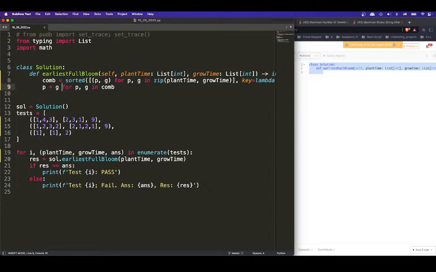So for this, P is 4, G is 3. So it's 1, 2, 3, 4, 5, 6, 7, plus 1. Plus 1, that's the bloom day. And now we're just going to get the maximum of this. So we're going to return this one minus 1.